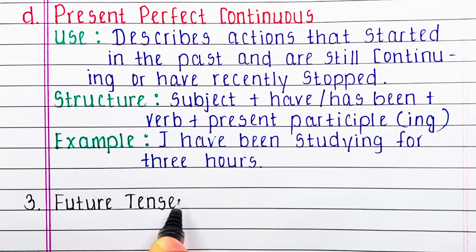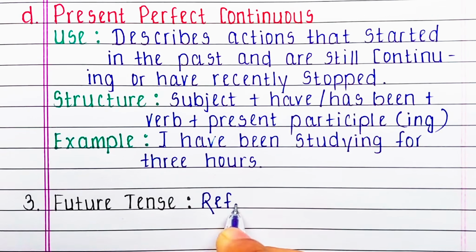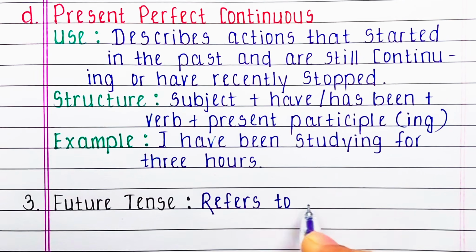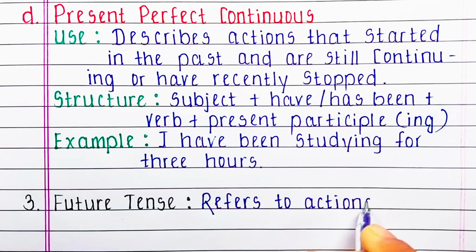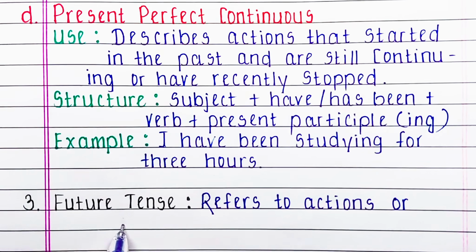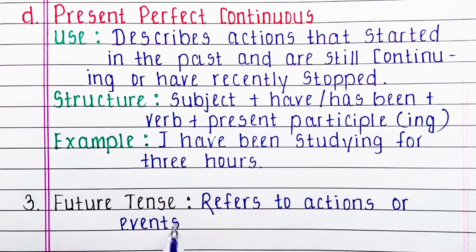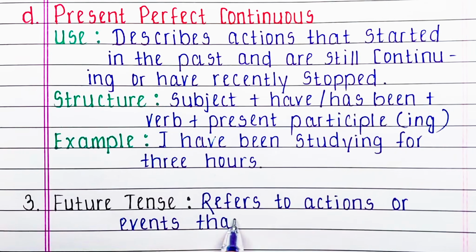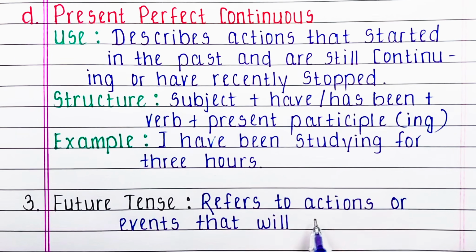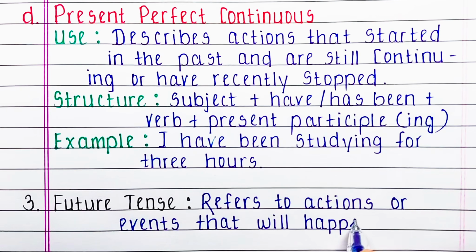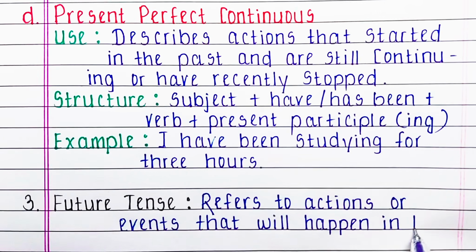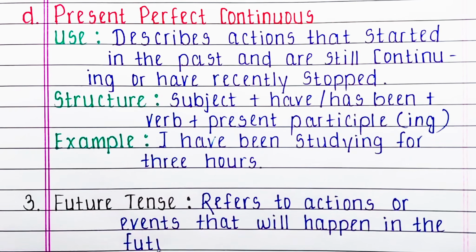Now, let's discuss the last and third type of tense, that is future tense. Future tense refers to actions or events that will happen in the future.